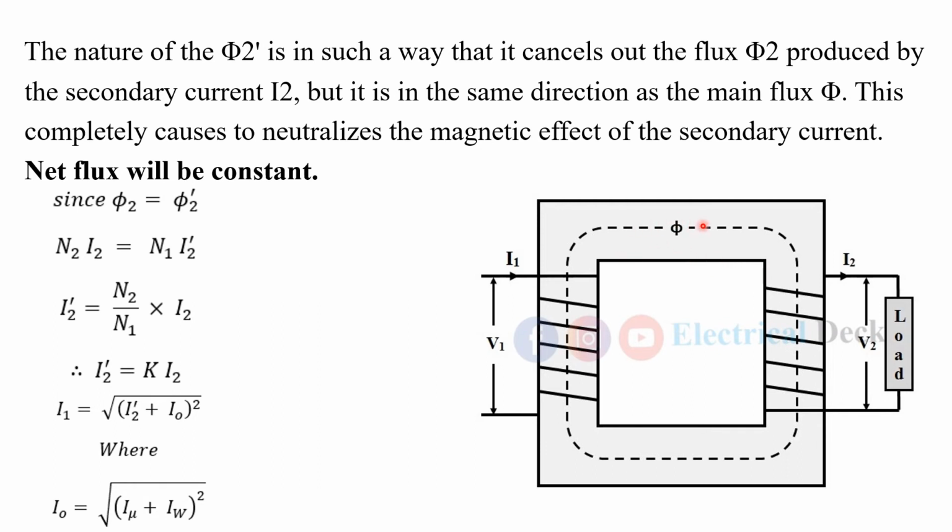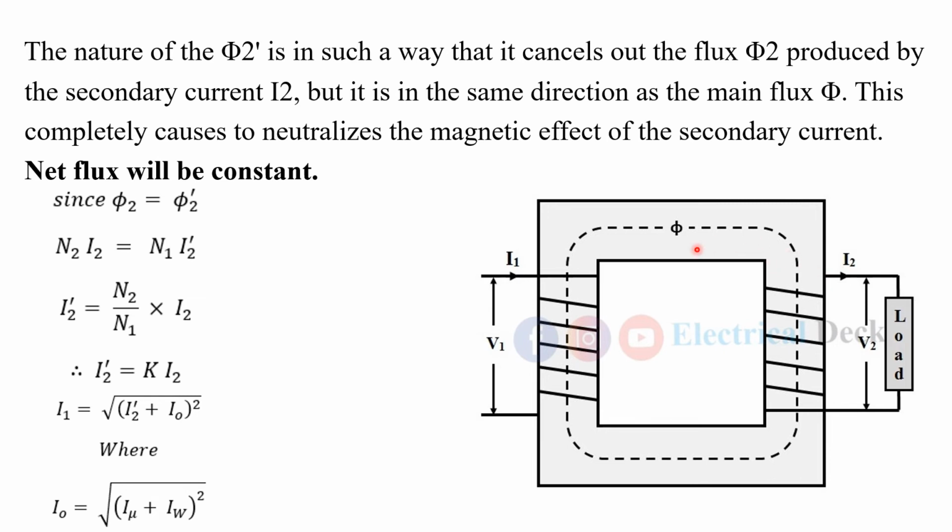Due to this weakening of the main flux, the induced EMF in the primary side E1 will decrease below the supply voltage V1. Then the primary winding will try to draw some current in order to restore the main flux, and that current is I2 dash. This I2 dash will create some flux phi 2 dash in the core, and this phi 2 dash will neutralize the flux produced by I2, that is phi 2.